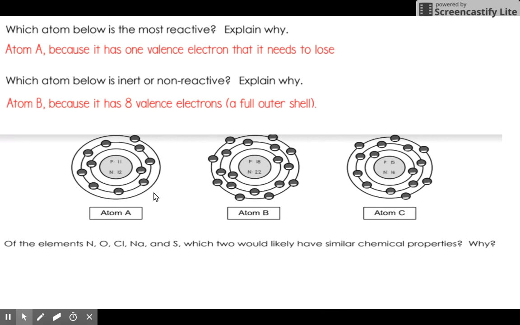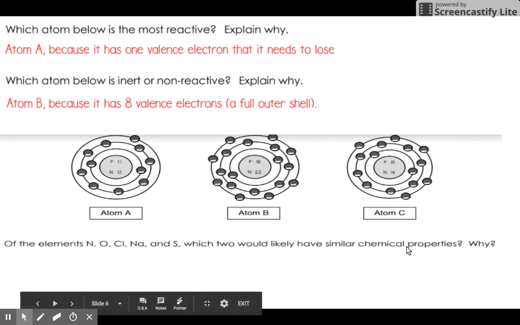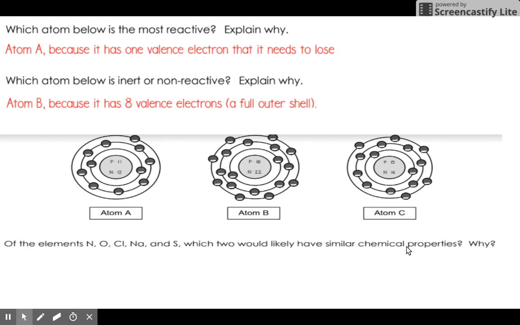Don't get those two confused. Remember, groups go up and down, and periods go left to right. So to have a similar chemical property, those elements must be in the same group. So look for each one of these elements and check your periodic table to name which ones go in the same group.